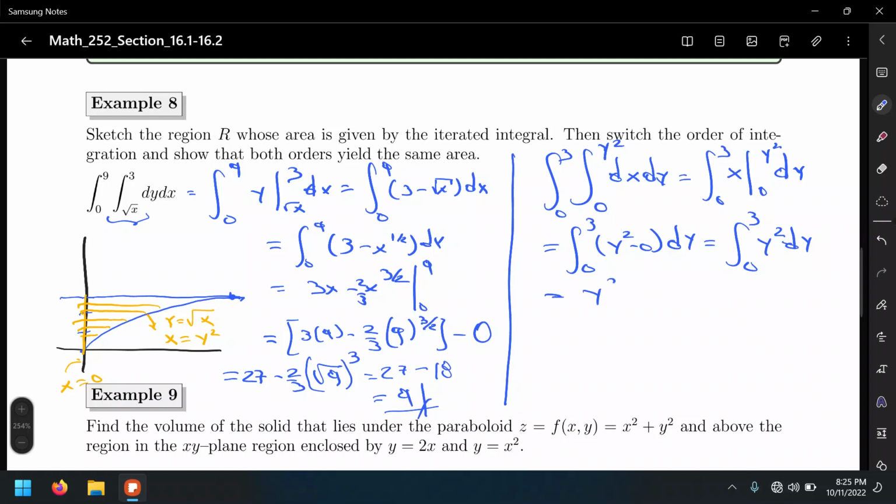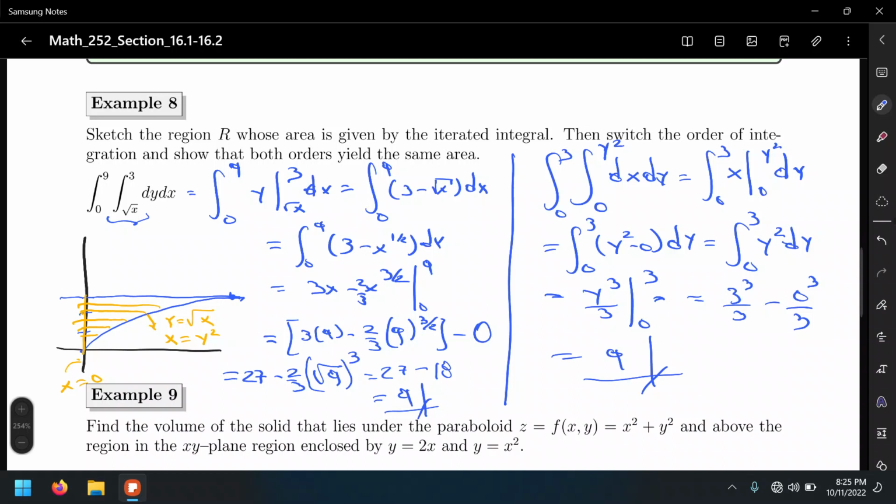And then this is y cubed over 3, evaluated from 0 to 3. So in this case, 3 cubed over 3 minus 0 cubed over 3. So that's 3 cubed, which is 27, over 3. Isn't that a 9? Minus 0, which is simply 9.